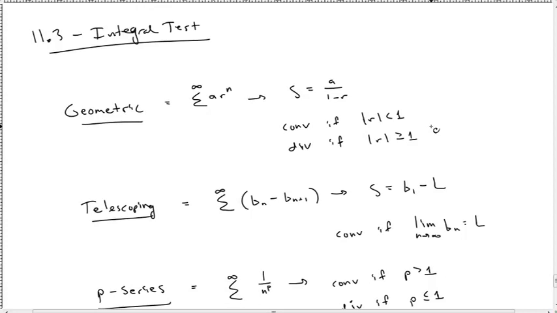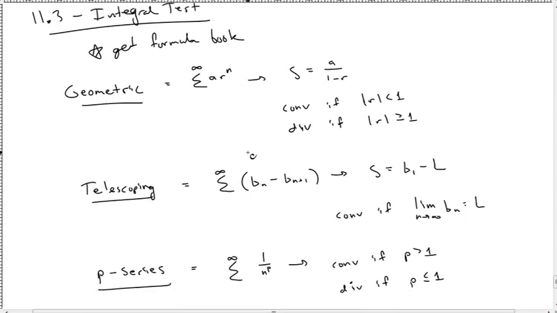And in fact, I would recommend before going on, get the formula sheet book thing. There's a formula book in Blackboard where you can download it, and in the Calculus 2 section, they have all of these tests in one sheet. It's one piece of paper: geometric, telescoping, P-series, all this kind of stuff. Get that, hang on to it.